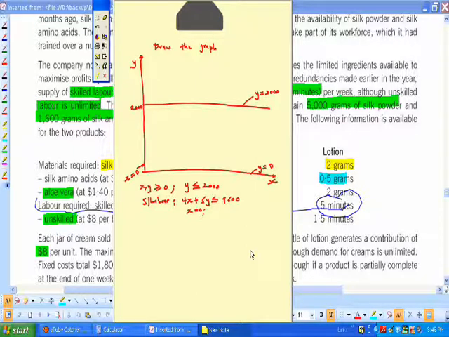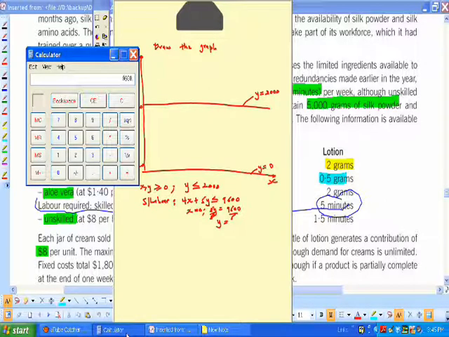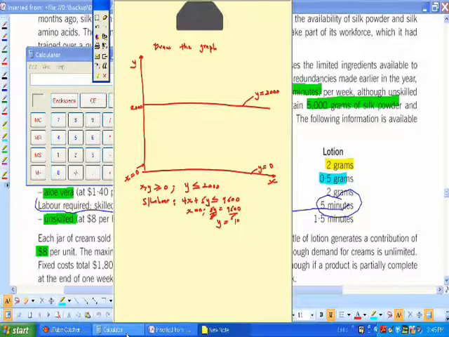When x is equal to 0, 5y is equal to 96, dividing both sides by 5. Using the calculator, 96 divided by 5 gives you 19.2.